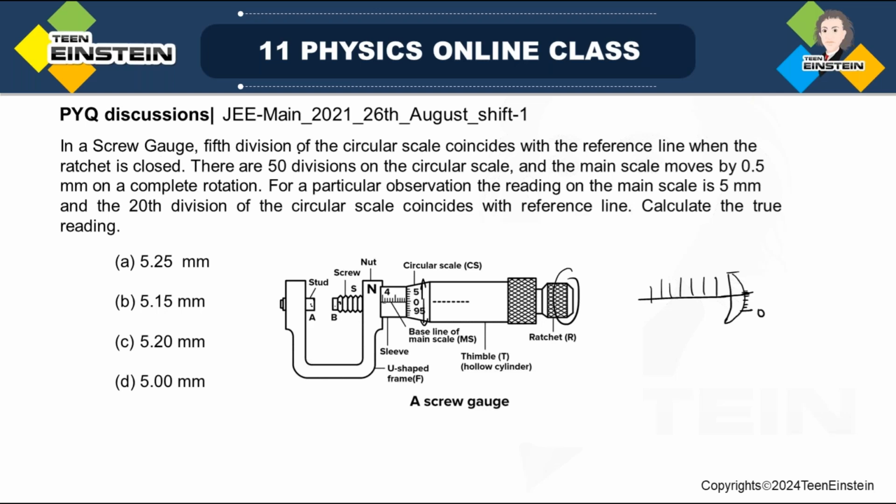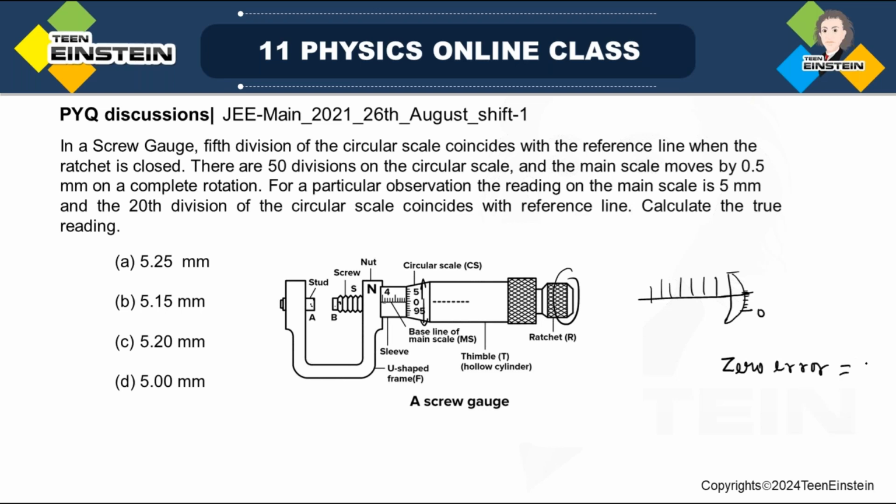In a screw gauge, fifth division of the circular scale coincides with the reference line when the ratchet is closed. So this is indicating your error in this instrument. Okay, so we have got error. This is called zero error. So what is zero error here?